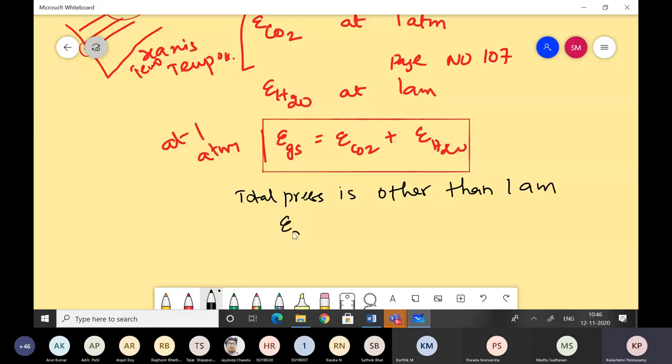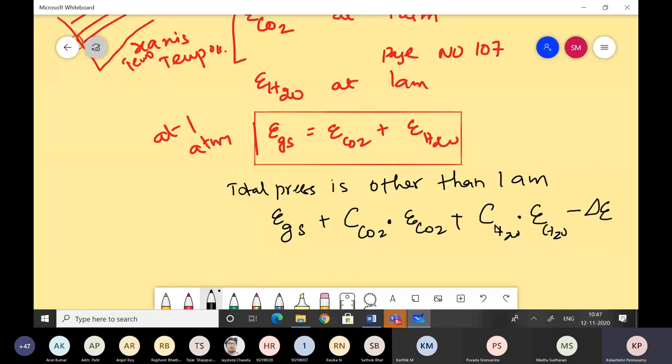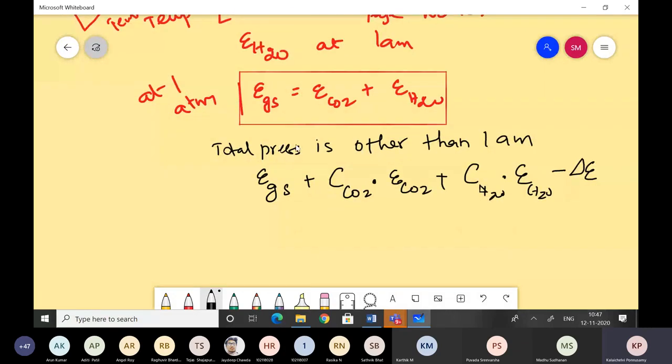We use this expression: the correction factor for CO2 multiplied by the emissivity of CO2, plus the correction factor for H2O multiplied by the emissivity of H2O, minus the overlap between these two gases, right? And you know how to calculate the emissivity of CO2 and of H2O similar to this.